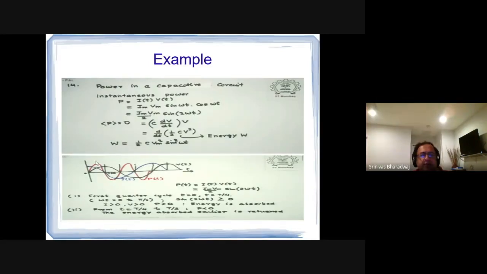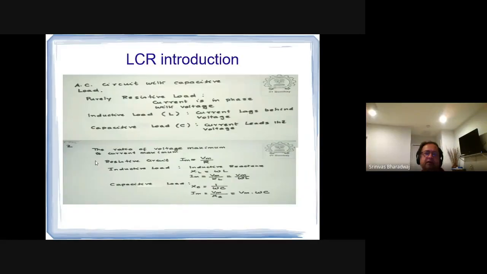But the power is 2 omega t. Therefore, it is a faster moving wave. Okay. So half CV square sine square omega t, and so sine omega t cos omega t is actually sine 2 omega t, right? So that's how you end up with twice the frequency for the power, right? The energy released earlier is returned.